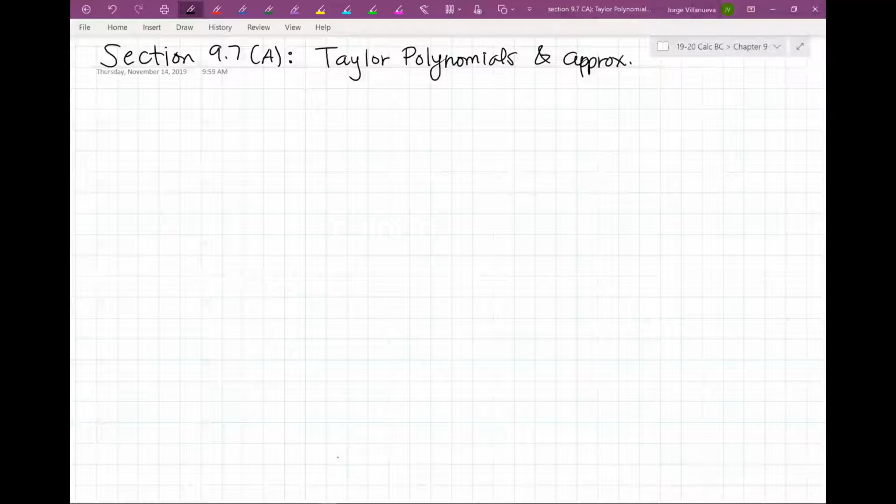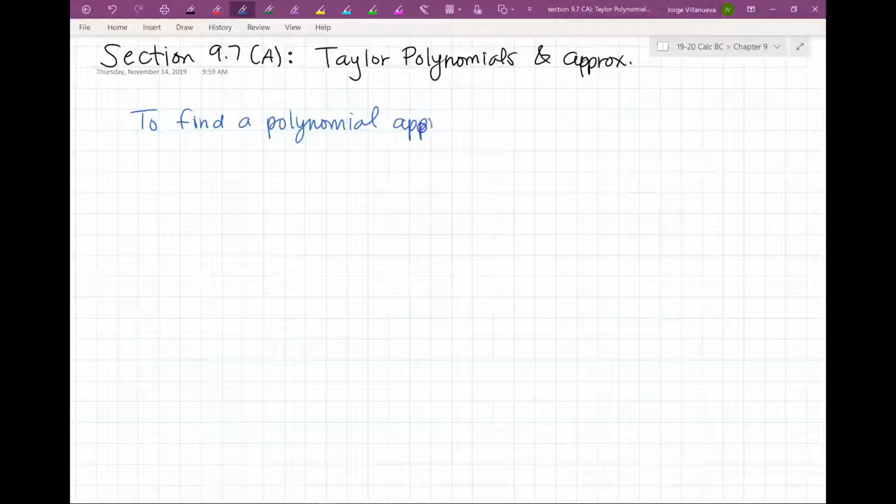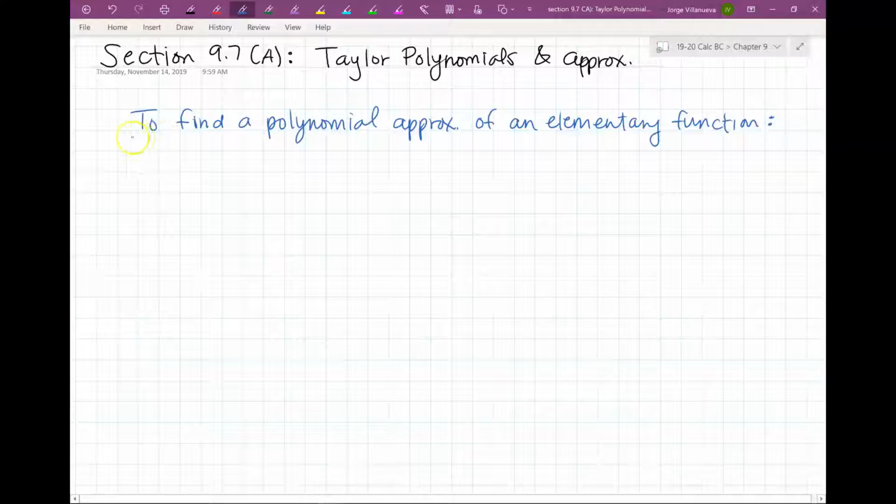to approximate an elementary function, we're going to do the following. So let me write this down right here. To find a polynomial approximation of an elementary function, we're going to do the following. So number one, and right now I'll show you an example so you can see how this looks.